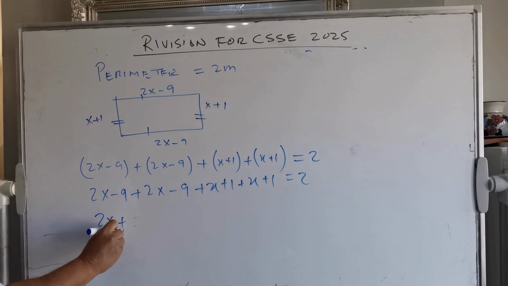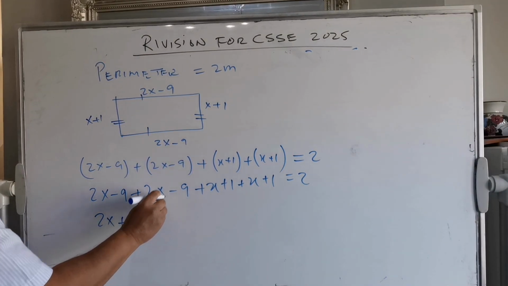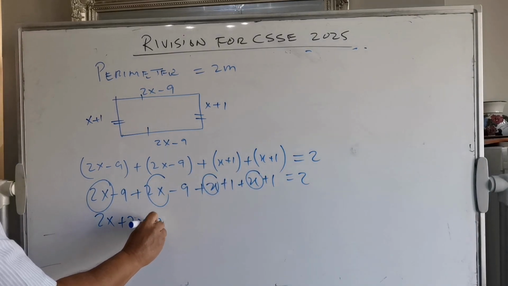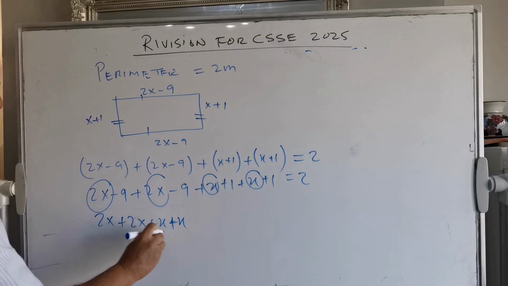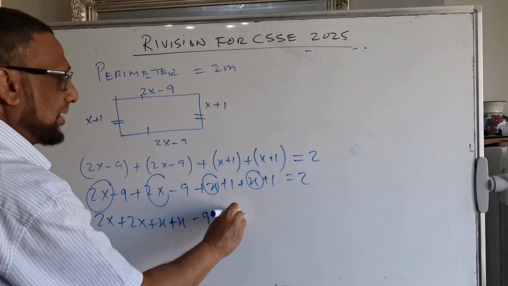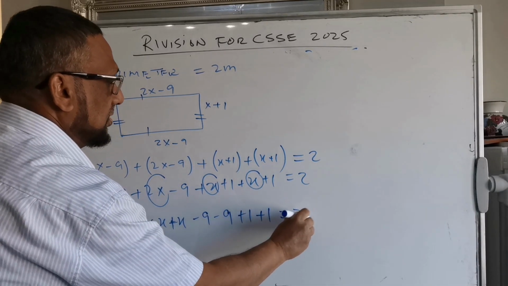Look at this one, I'm going to rearrange it: 2x plus 2x plus x plus x, and then minus 9 minus 9 plus 1 plus 1, equals 2.